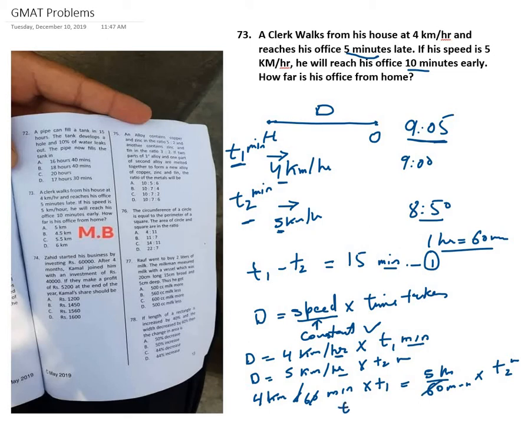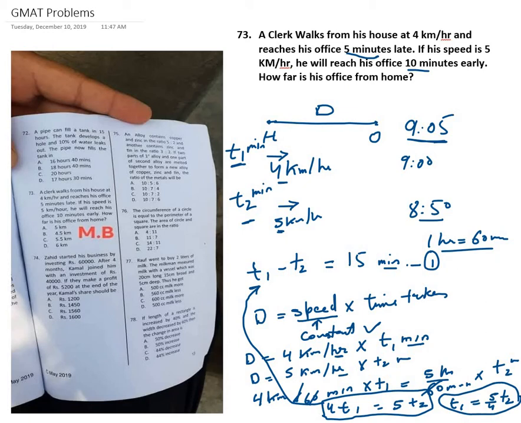So 4 T1 is equal to 5 T2, and T1 and T2 are in minutes, right? 4 T1 is equal to 5 T2. From here we can take the value of T1 to be 5 by 4 T2.